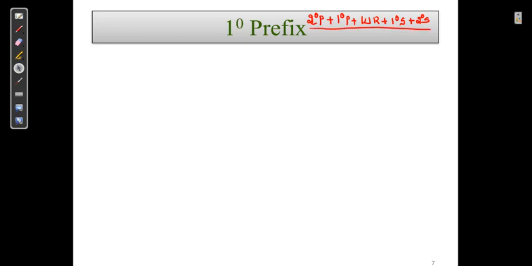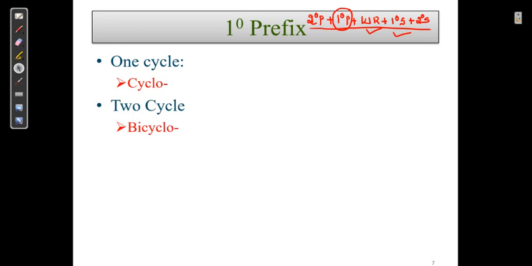So how is it only one cycle? This one is completed, this one is completed. So one cycle is a cyclo. If there are two cycles, it is known as bicyclo. If three cycles, then it is known as tricyclo. Simply we have to write. All this we will use in our examples, but we just have to write.